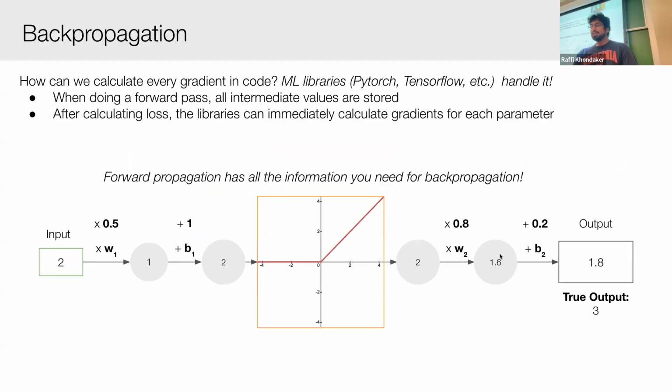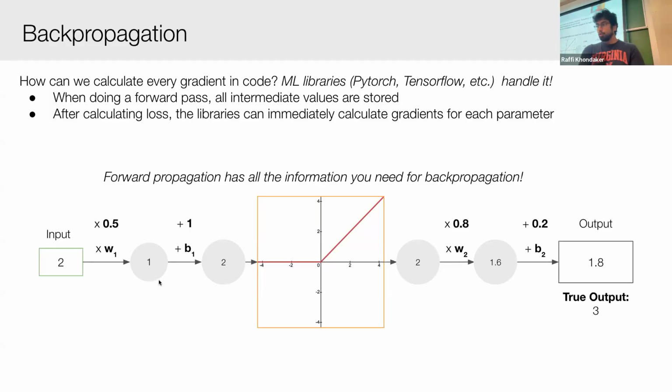Okay. So in practice, how can we calculate every single gradient? When we're running code, we actually don't. We really want to avoid doing that. We use machine learning libraries, like PyTorch and TensorFlow, that handle calculating the gradients for us. So how does it do it?